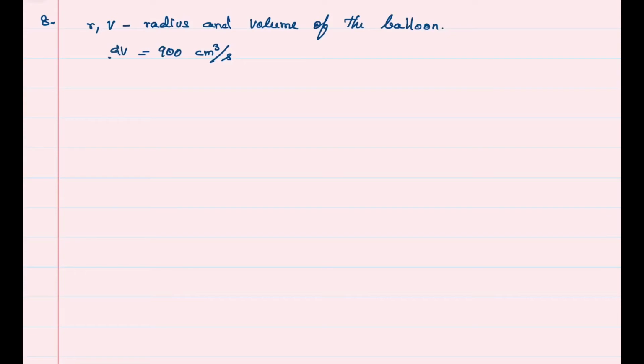Let r and V be the radius and volume of the balloon. 900 cubic centimeters per second, so this is dV by dt. Find the rate at which the radius of the balloon is increasing when the radius is 15 centimeters.